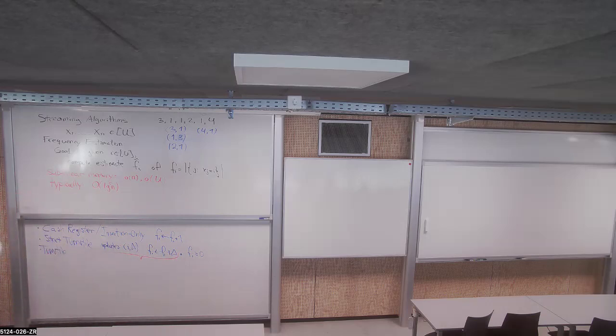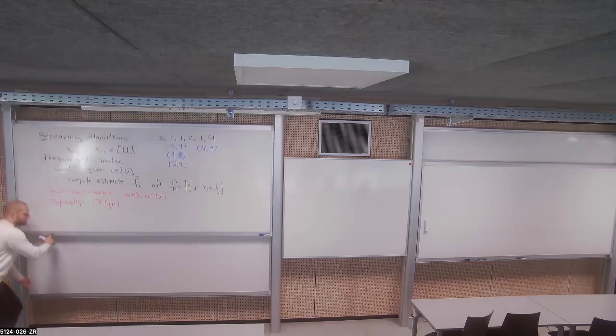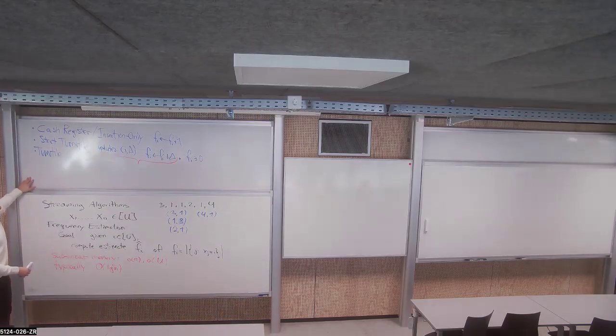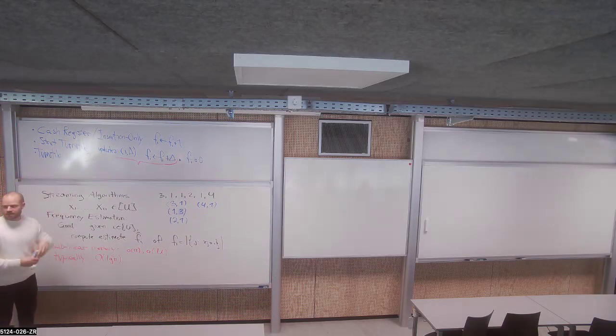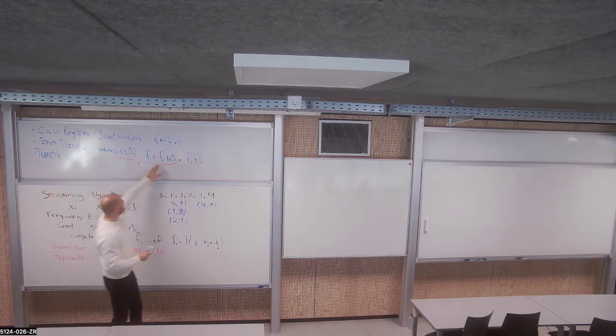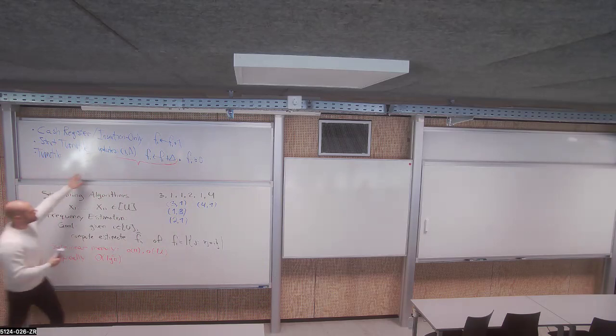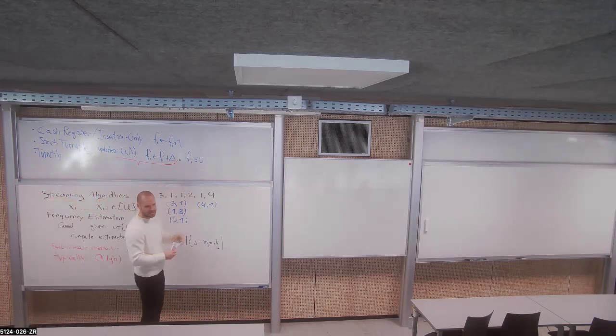Okay, so these are the three variants that people study in this field. Insertion-only, just increment the count by one. Strict turnstile, update by arbitrary values delta, but with the promise that you'll never have a frequency that's negative.